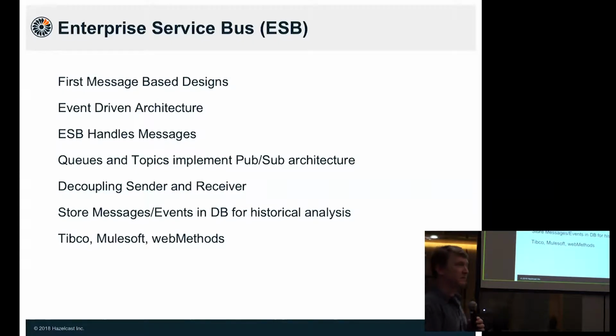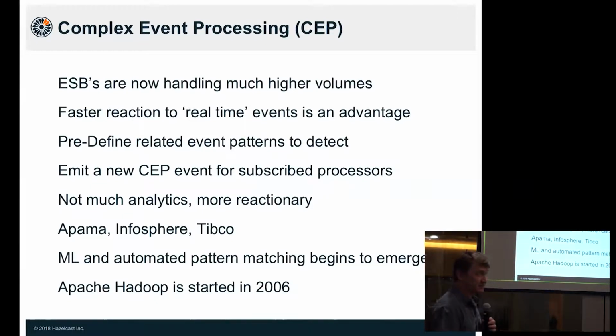It worked well for pub-sub architecture, but it didn't bring the opportunity to do true stream-based processing yet. But as they got faster and better, that's where we started doing CEP, complex event processing.